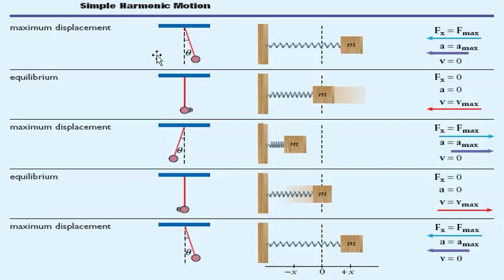So now, here we have the pendulum and here we have the spring mass system. I will start with position number 1 again. Here we have position number 1 in the spring mass system, and here we have position number 1 in the pendulum. The first quarter is from position 1 to position 0. The second quarter is from position 0 to position -1.